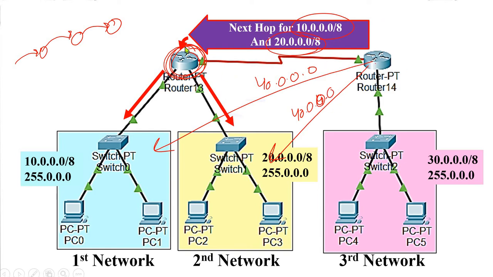So while providing routing we need to talk about networks. These two networks are approachable via this network, and this network is 40.0.0, and this network also is connected to this network. This router is connected to the 20 network via the network with ID 40.0.0.